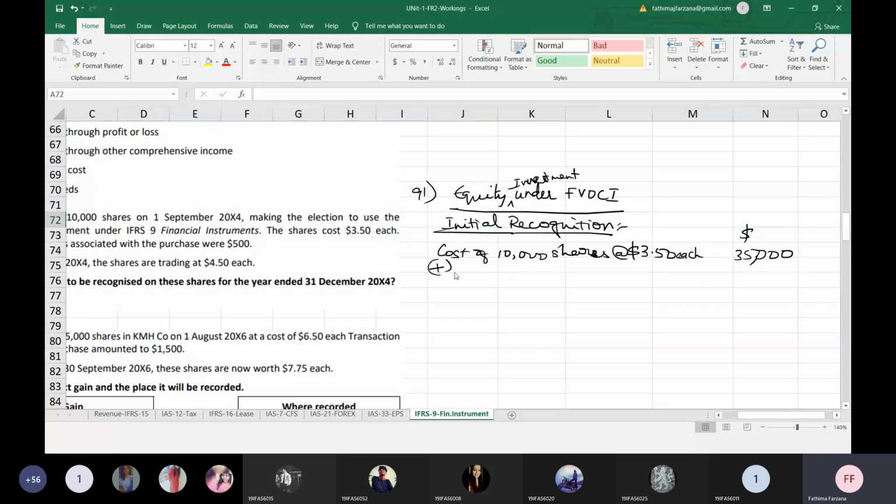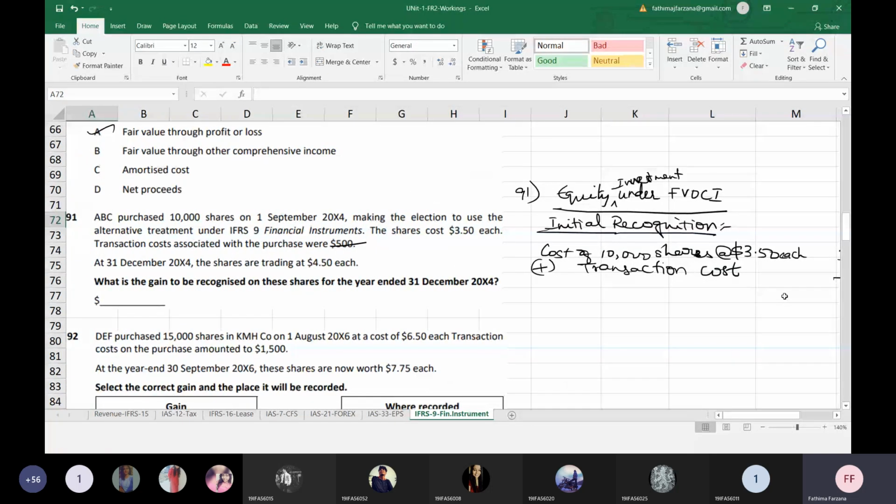Plus transaction cost, which is given here as $500. So this is 35,500. I'm valuing under FVOCI.